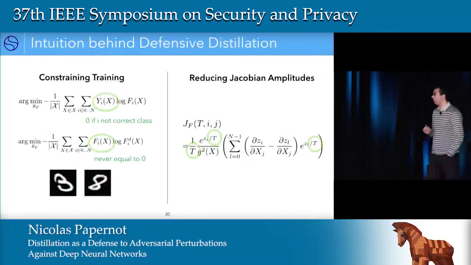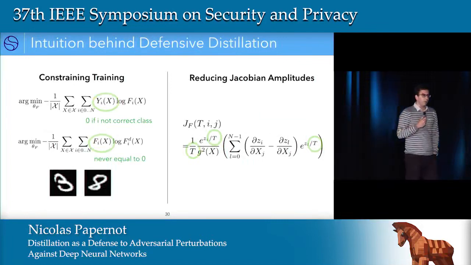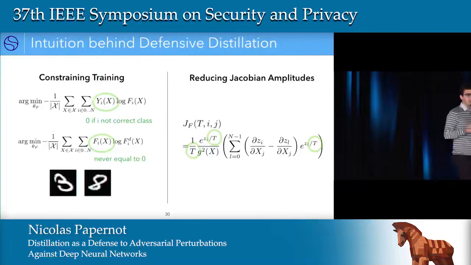So why does it work? What's the intuition behind this? There is actually two of them. First is that when models are trained, they typically are trained to minimize a loss function, which is something along the lines of the cross entropy between the expected labels and the predictions.